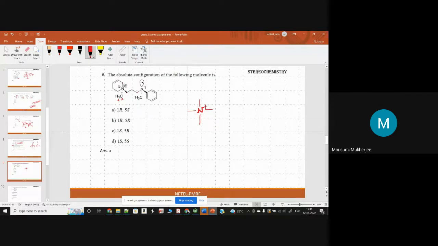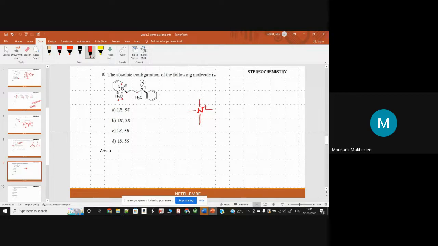If we look around this one, this is CH2 and this is C double bond C. Which one is of higher priority, this one or this one? The above one, because there is C double bond C. So this one is of higher priority, right? Then the second, this one or this one?